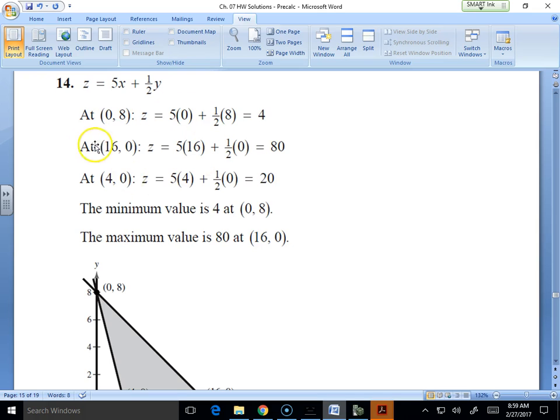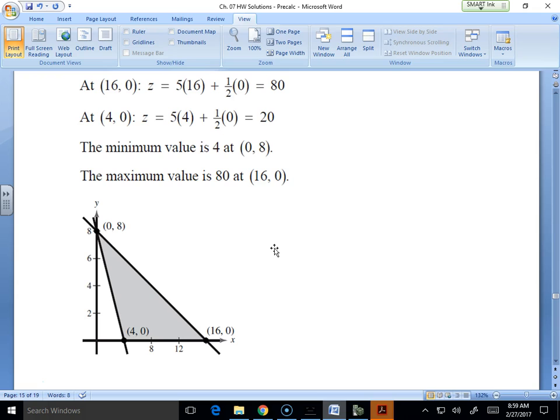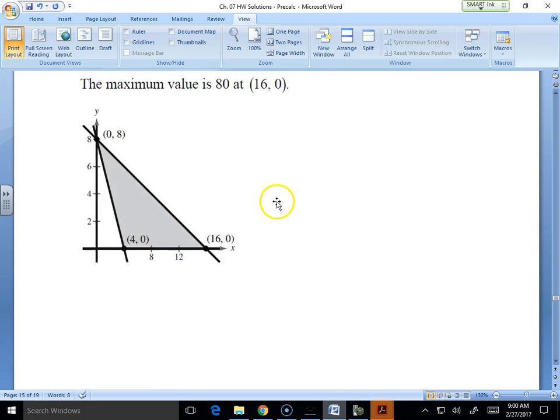They tested them all by plugging them into the objective, and lo and behold, (0, 8) was the lowest, hence the minimum value 4 at that point, maximum value 80 at the point (16, 0). And there's the shaded region for you guys to check real quick. The shaded region is just a triangle. The winner chicken dinner: (0, 8) in one way, and then (16, 0) in a much different way.